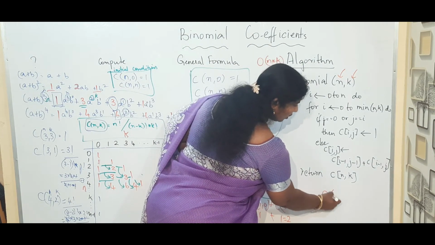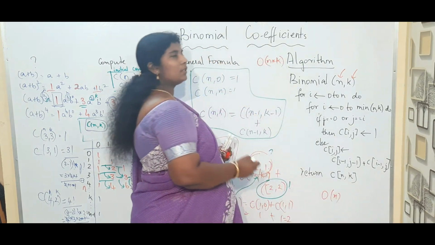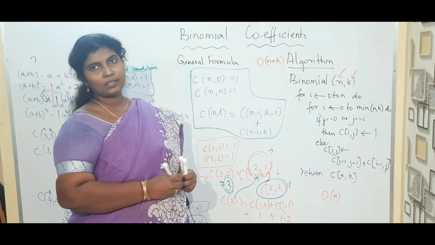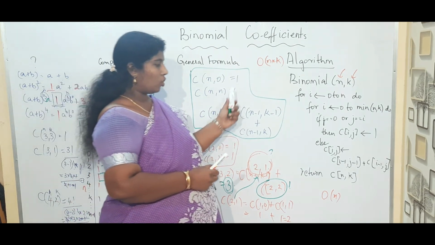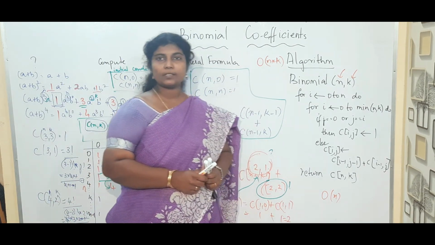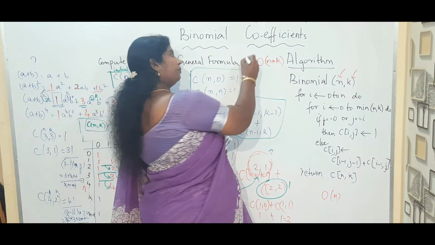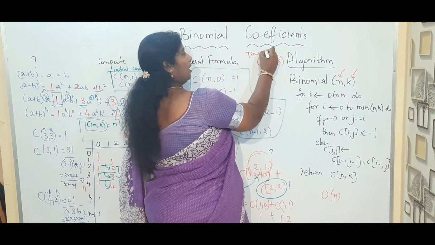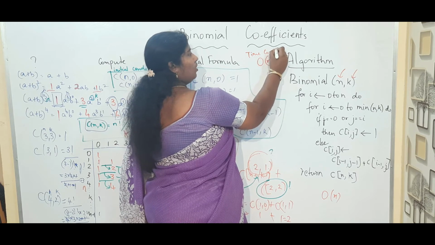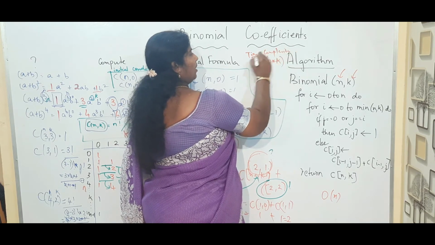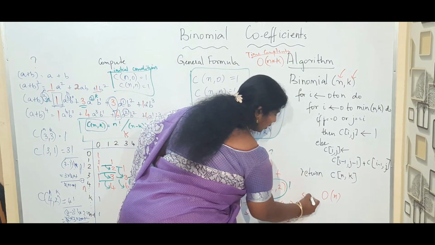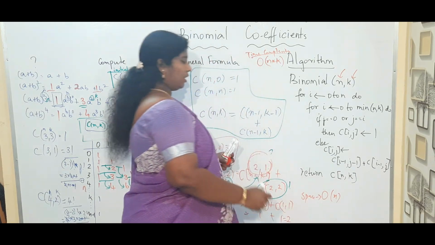It is going to be n instances which are going to be recorded. So here the time complexity is going to be n into k, whereas the space is going to be big O of n.